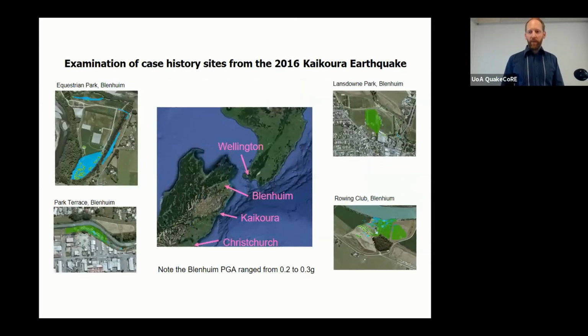We can do the same for the Blenheim area, where the liquefaction has been mapped, and compare the liquefaction predictions, which we haven't got on these maps here, but we're just showing the areas where liquefaction was actually mapped. We've done a similar exercise in Hastings and Napier for the 1931 earthquake, and similar exercises on the west coast, where liquefaction occurred and didn't occur for the 1968 Inangahua earthquake and 1929 Murchison earthquake.